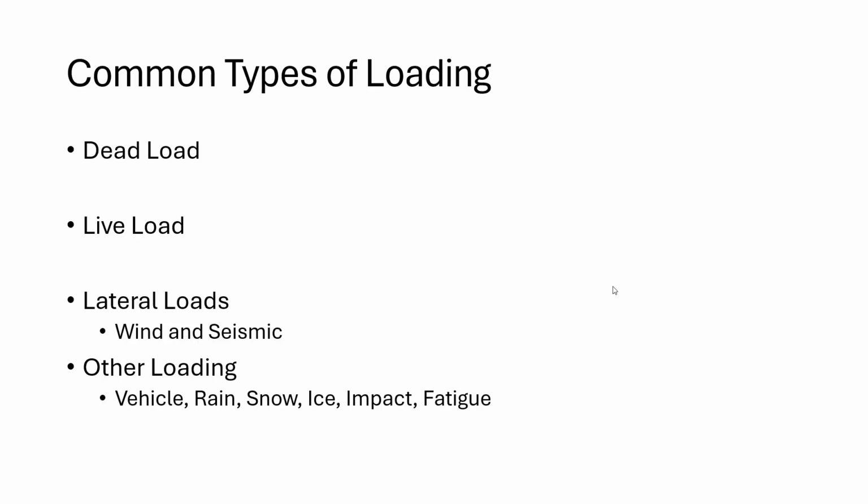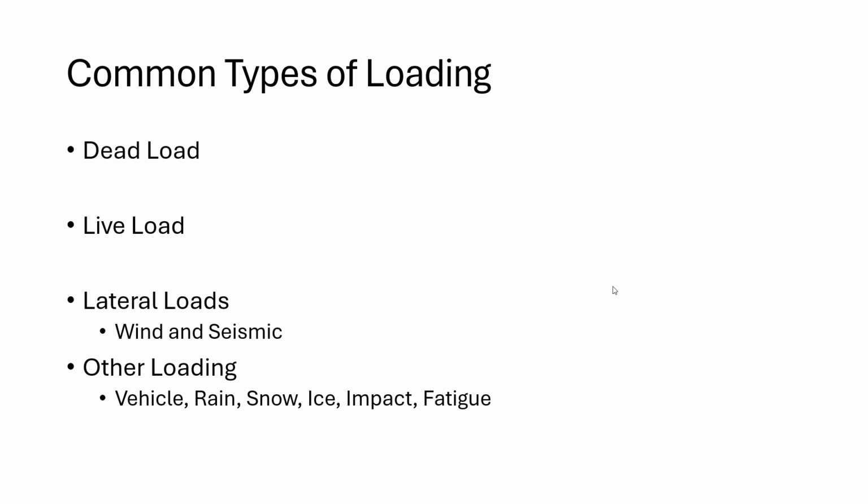And so there are multiple types of loading. Given that this is a 101 video, it's going to be very broad in concept. So we have dead load, which we'll dive into later on, and live load. Lateral load, I gave an example of wind and seismic, even though wind and seismic can also be vertical load.